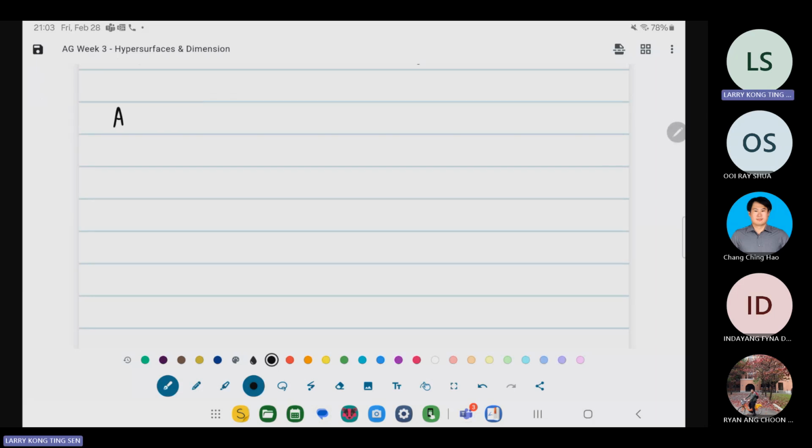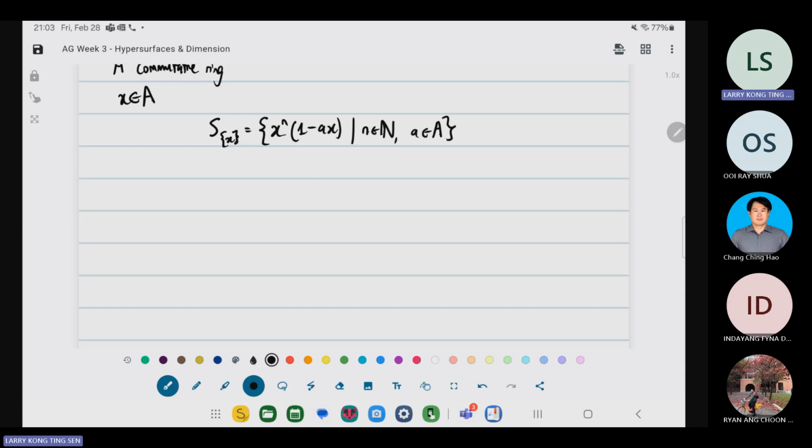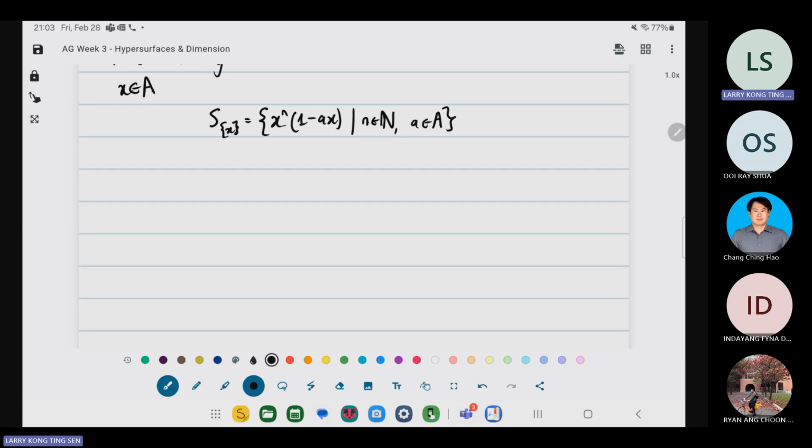So if we let A be a commutative ring, and suppose further that x is in A, then we define this particular set. I believe some people call it localization, I'm not sure. It's basically this quantity, with all possible n in N and all possible a in A.